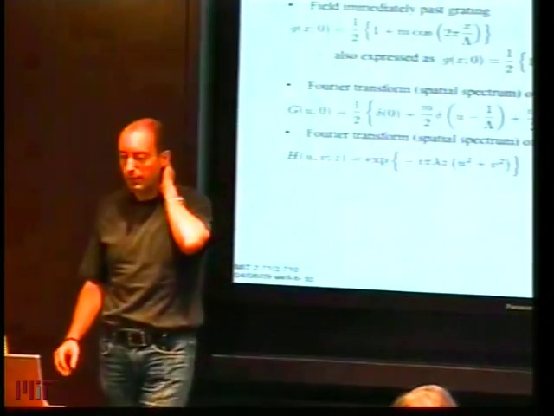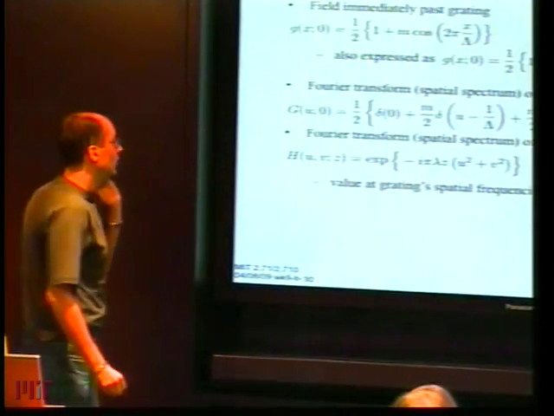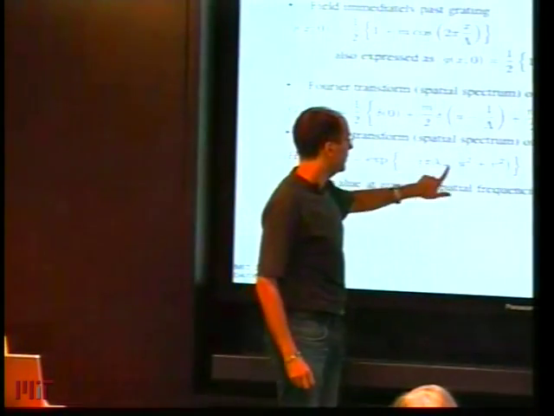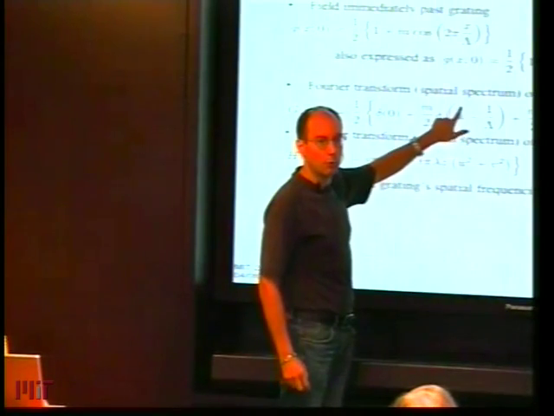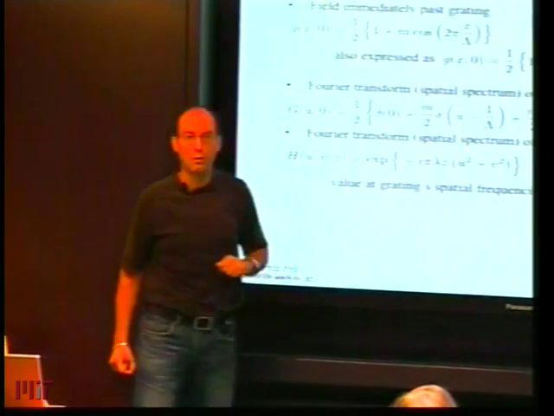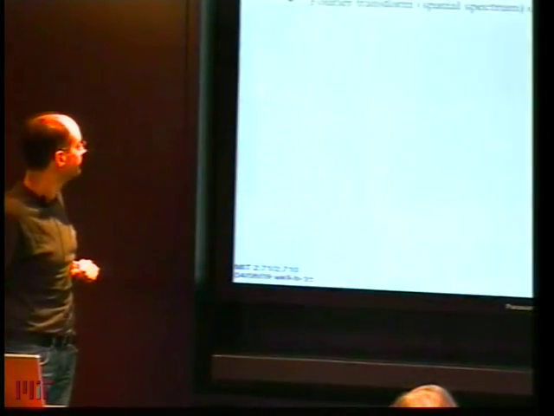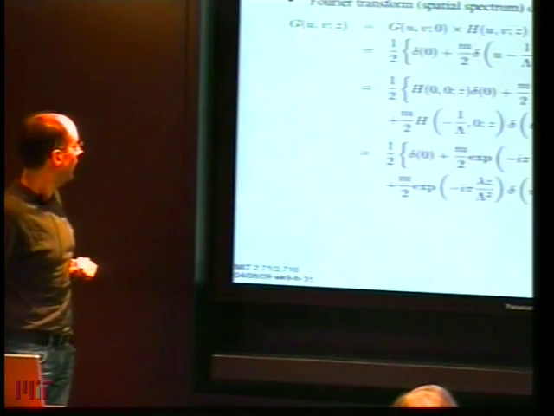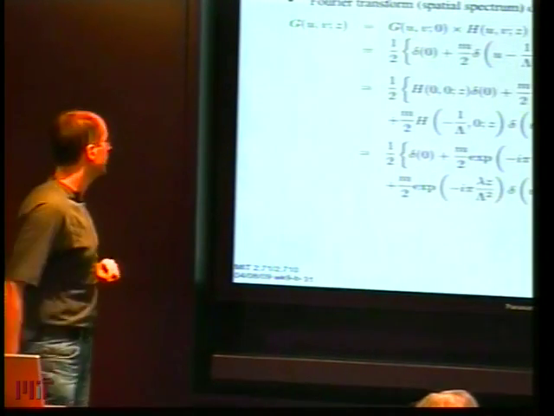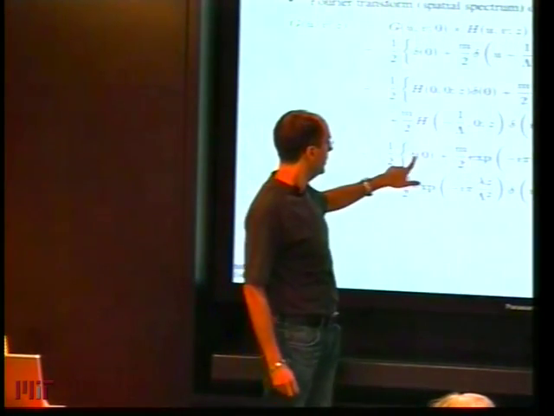So all that will remain is the value of this quadratic phase delay computed at the spots where the delta functions occurred. And this is what I do in the next slide. This looks a little bit nasty, but really that's all you need to know.